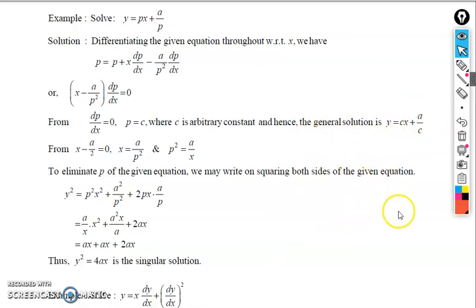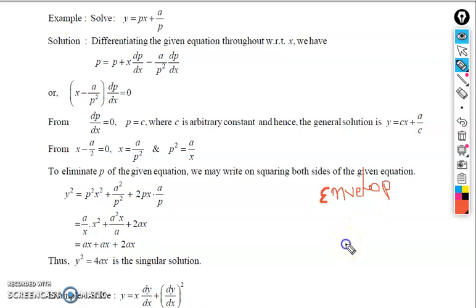So what is the concept of envelope? Here we make a diagram of envelope.